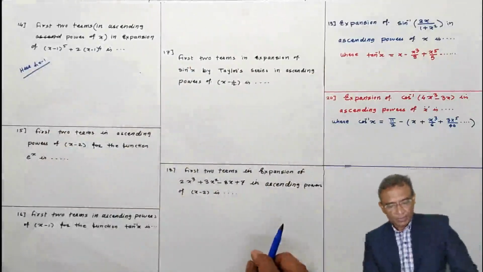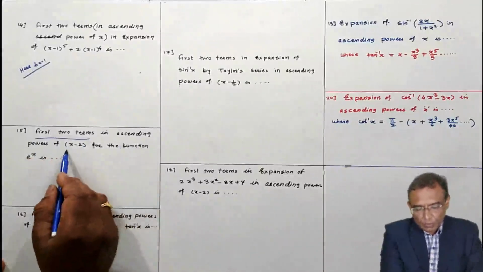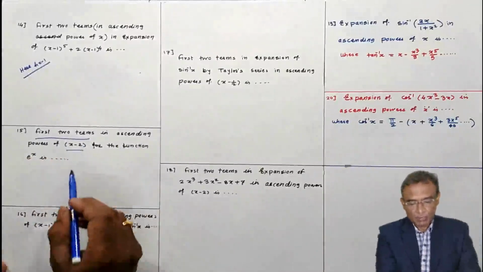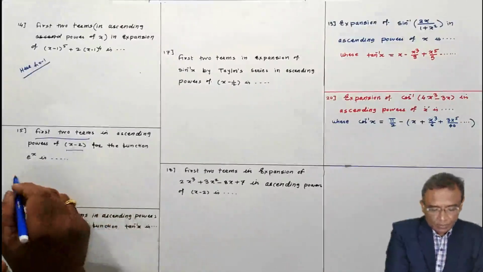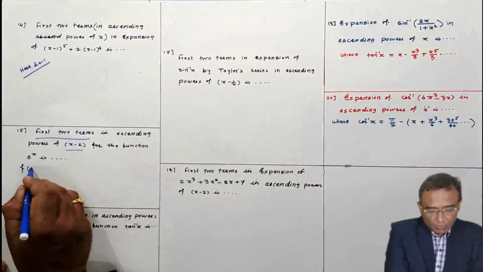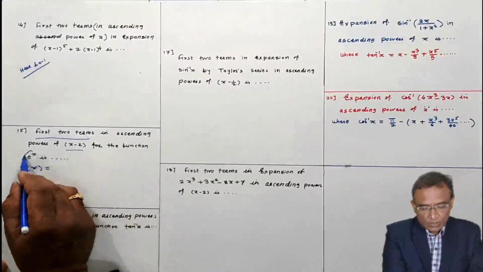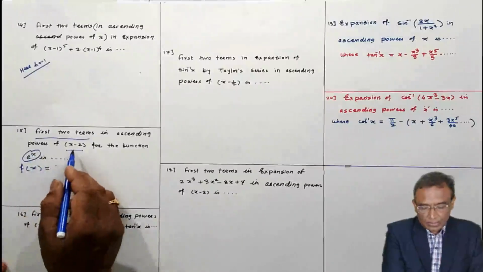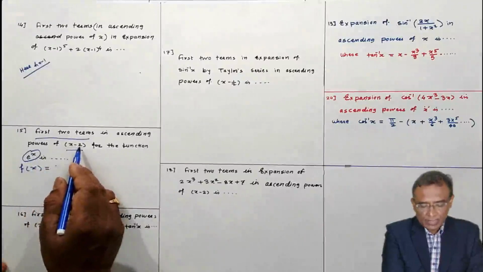That's all. Now, first 2 terms in ascending powers of x minus 2. X minus a type. What is the expansion? F of x, function of x, this is f(x). In ascending powers of x minus 2, we are going to expand, and 2 is what? a.